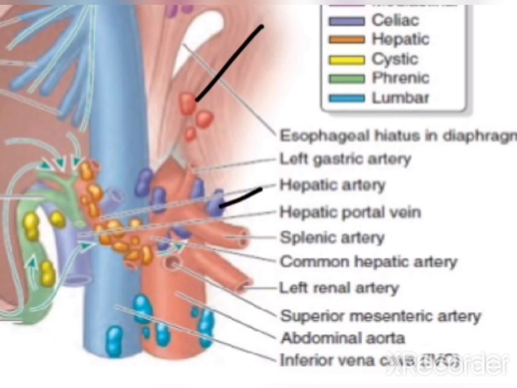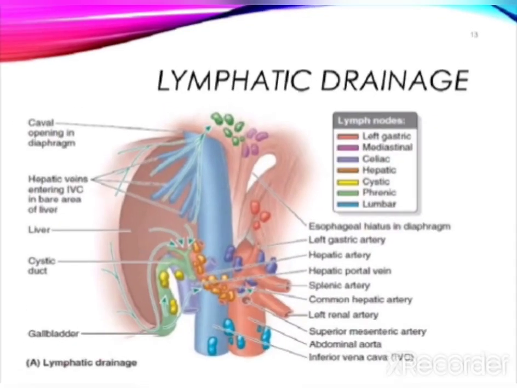Then these are celiac lymph nodes. Then these are the hepatic lymph nodes. These are the cystic lymph nodes. Then there are phrenic lymph nodes, as I told you above, and lumbar lymph nodes. So these are present around the liver.